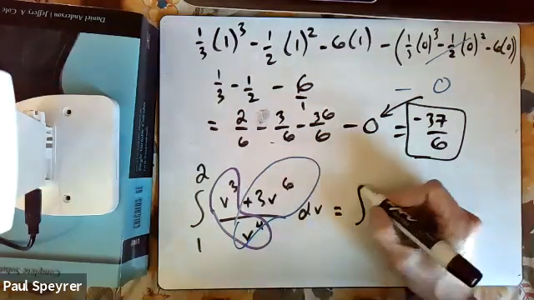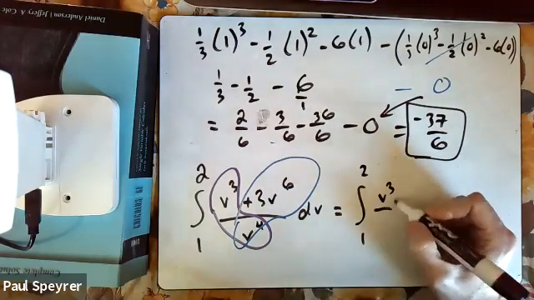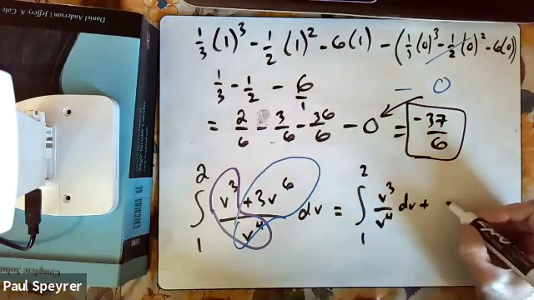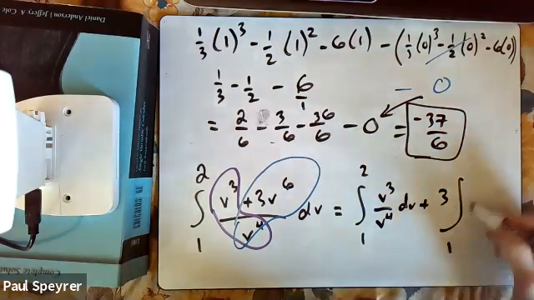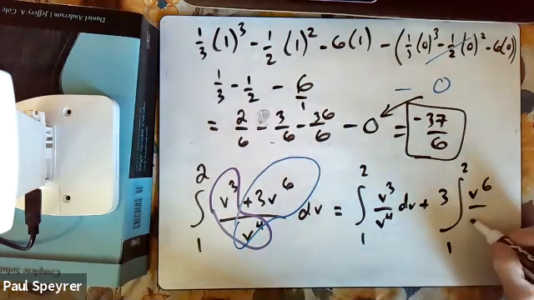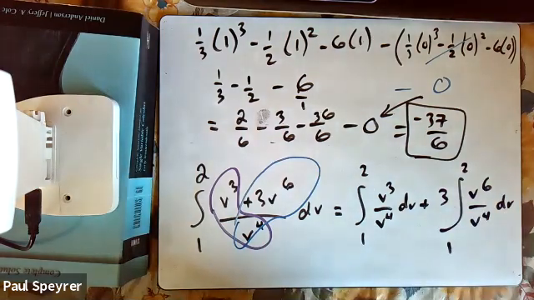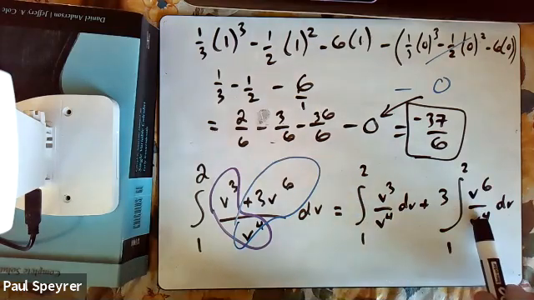So if you need to expand that out, write it out so you can see, oh, I'm saying v cubed over v to the fourth dv plus, and then 3, I'll move that constant out in front of this respective integral, and then have v to the sixth over v to the fourth dv, just like that. This is legal, right? If I add these two fractions back up, what do you get?